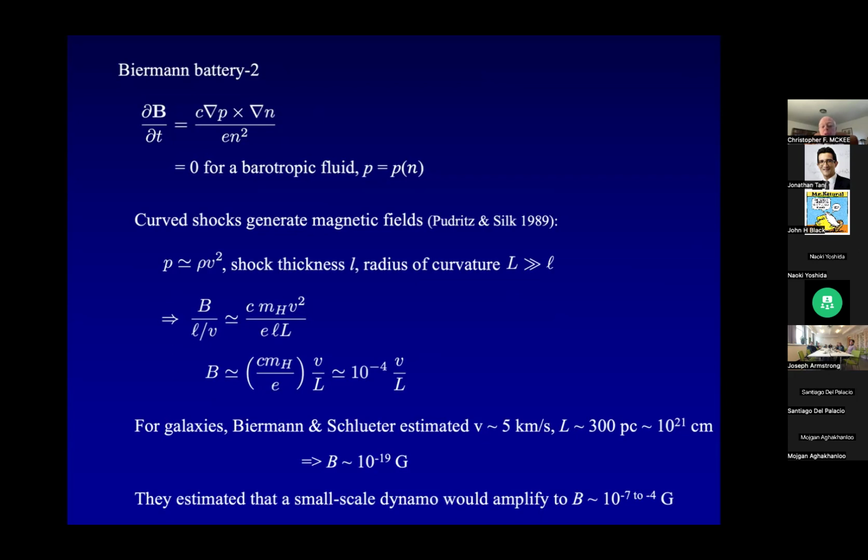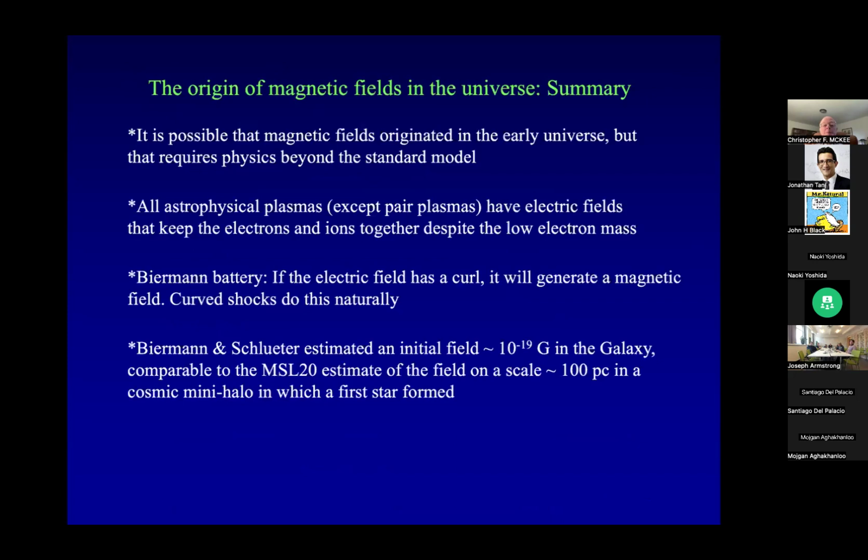This was done over 70 years ago. And so they got the same value that I'm going to get in just a moment for the first stars. And then for the final field, the observed field is a few times 10 to the minus 6, which is right in between the 10 to the minus 7 and 10 to the minus 4. So that was a pretty amazing paper.